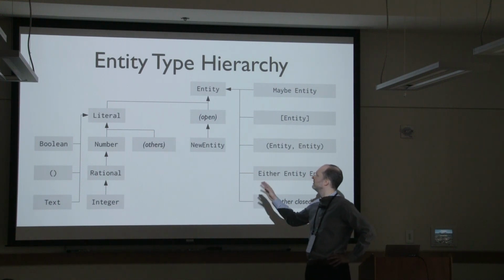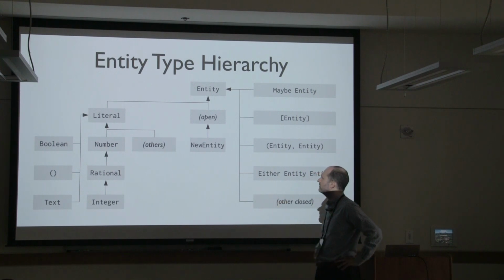In the middle, we've got open entity types. And there's a special type called new entity, which is a subtype of all open entity types. And on the right, we've got closed entity types. And also, these special types are essentially closed entity types.